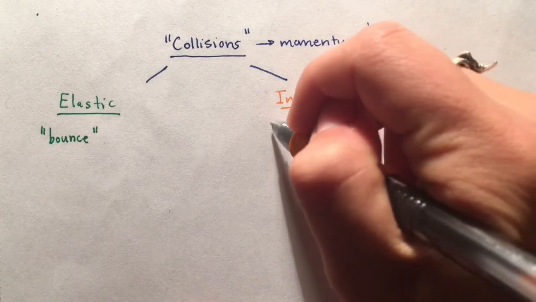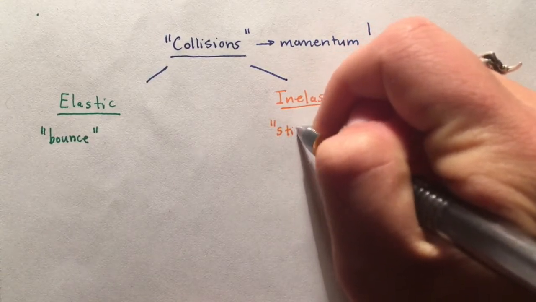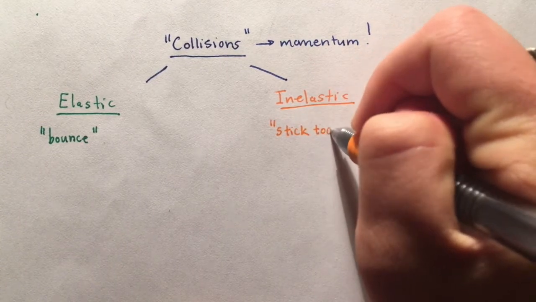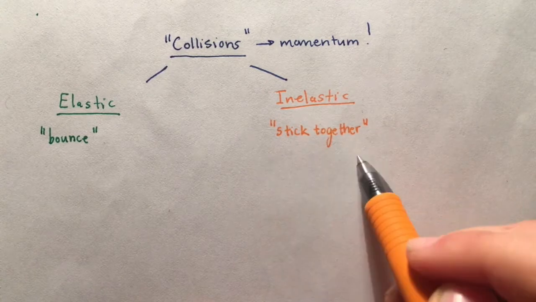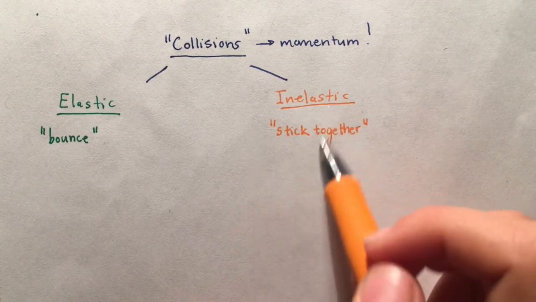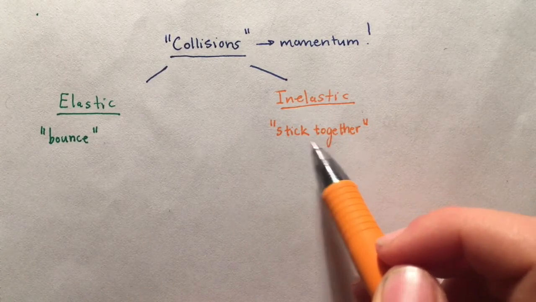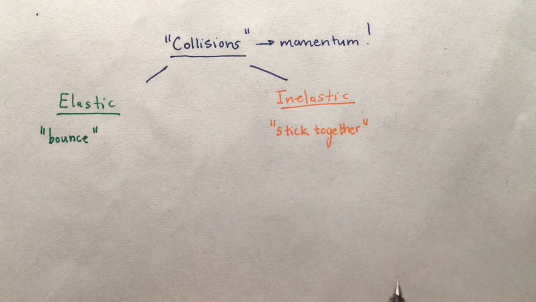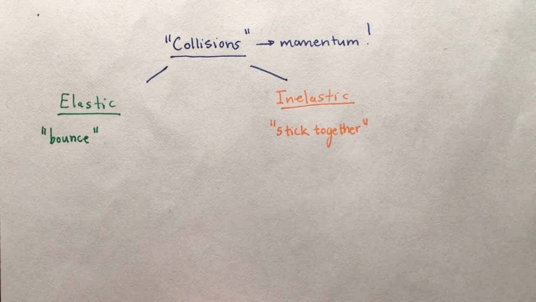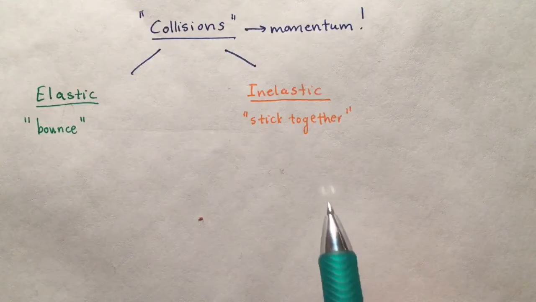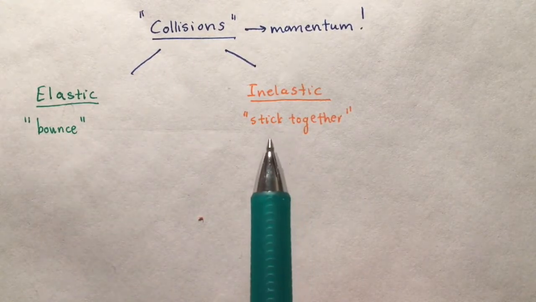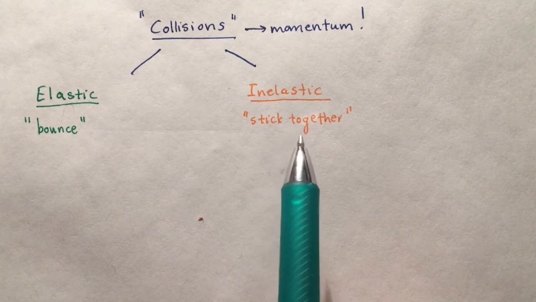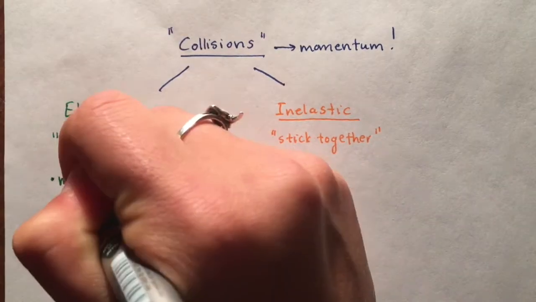If, on the other hand, you see the words stick together, then your mind should automatically think inelastic collision. Sticking together means that after the collision, the objects that collide are going to stay together, which is what an inelastic collision is. Now, in both types of collisions, elastic and inelastic, momentum of the system is always conserved.